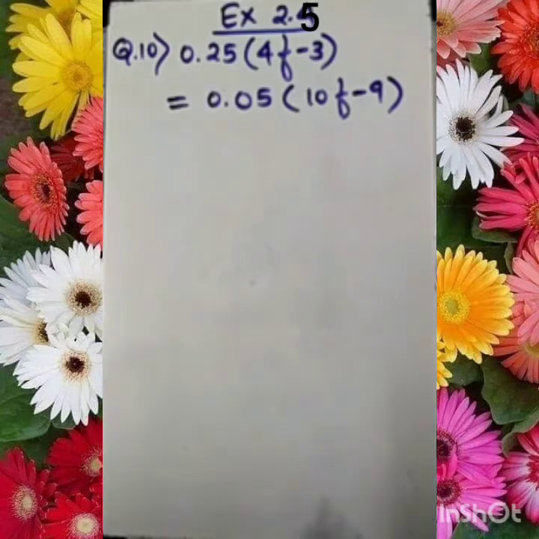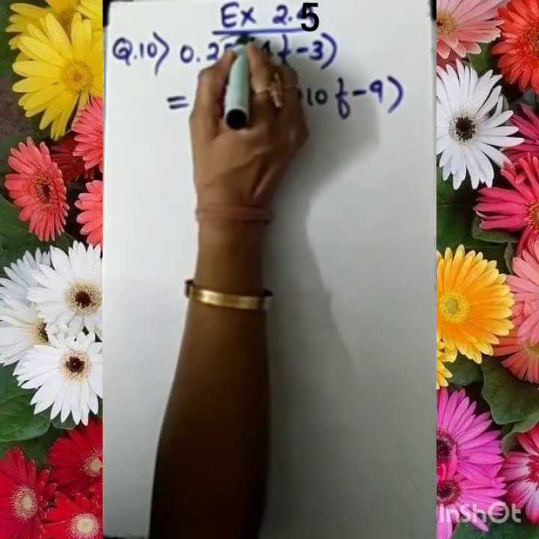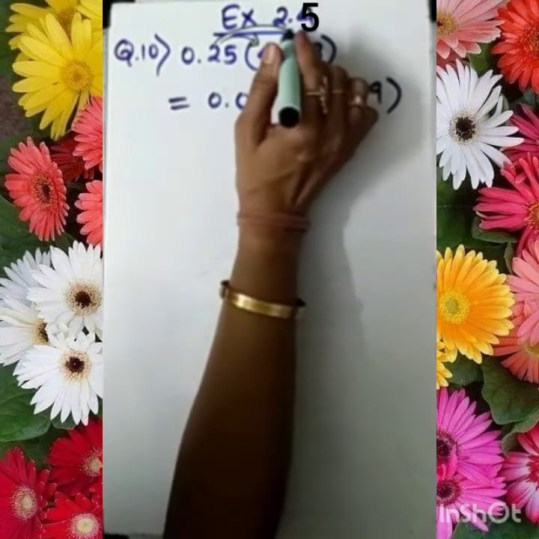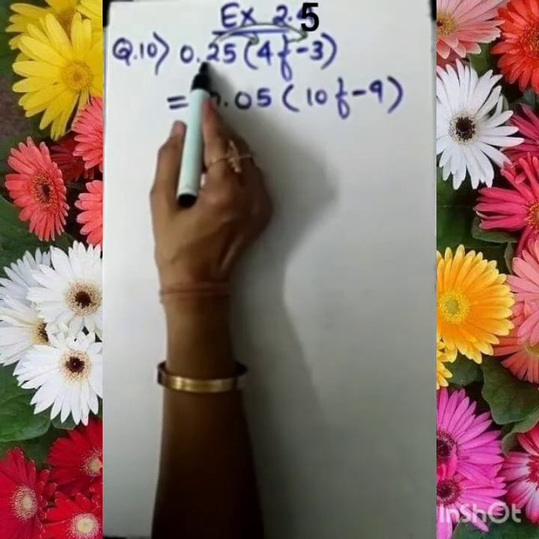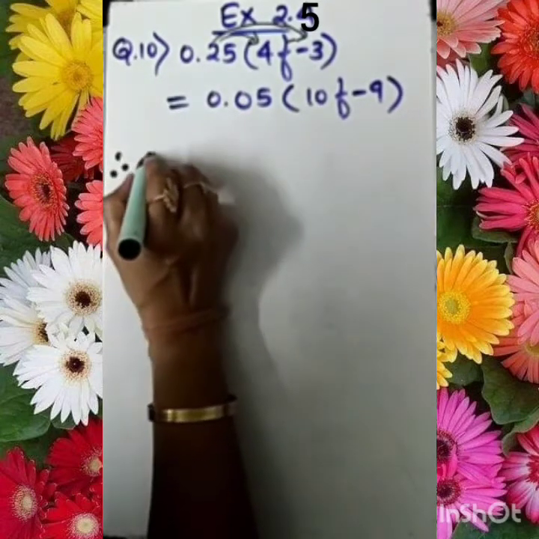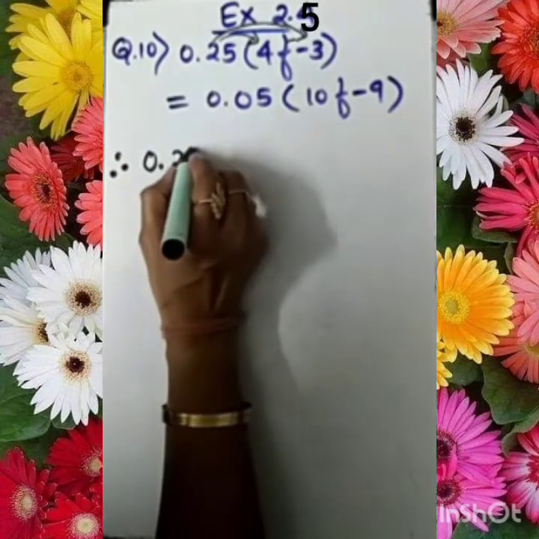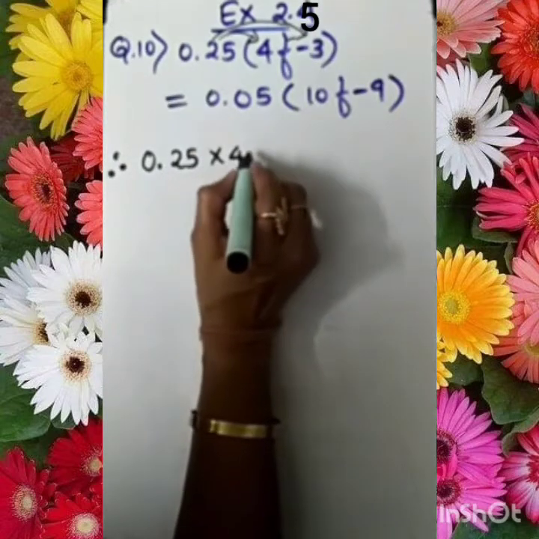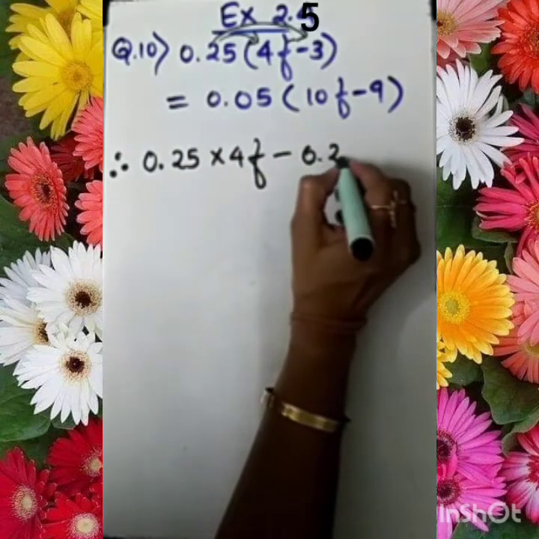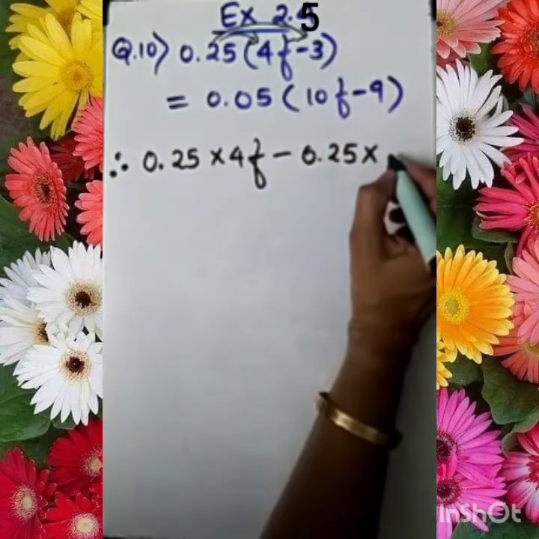Okay. So let's begin. As usual, first we need to multiply one by one with this. We are going to do 0.25 with 4. So here, therefore, the sign. I am writing 0.25 into 4f, minus 0.25 multiplied by 3.